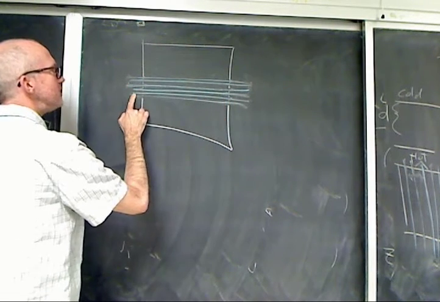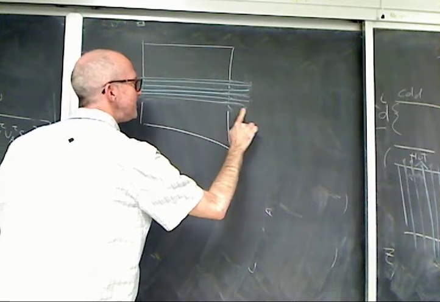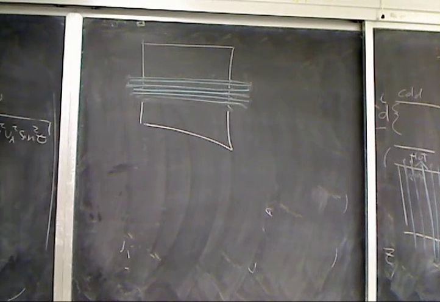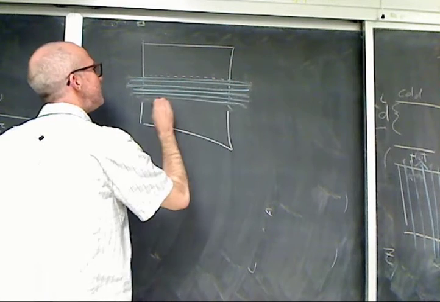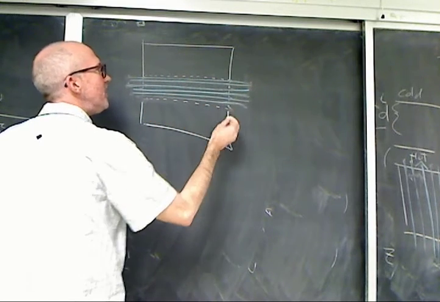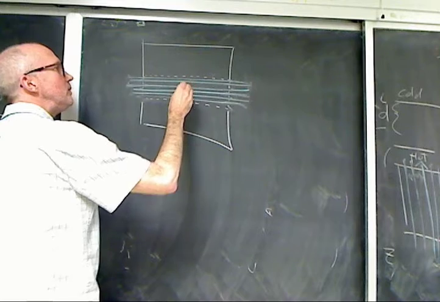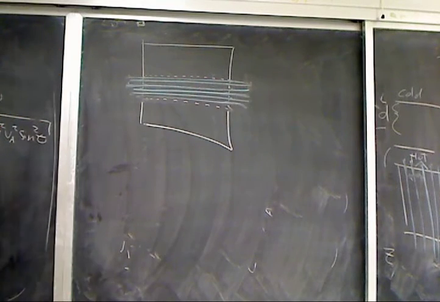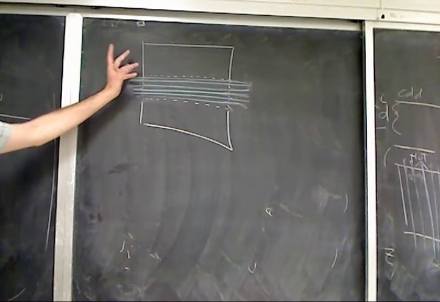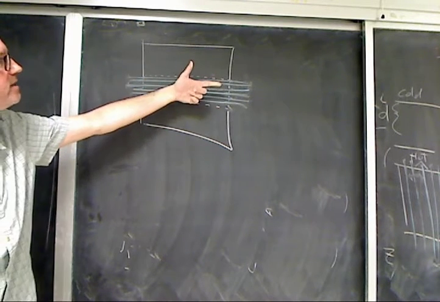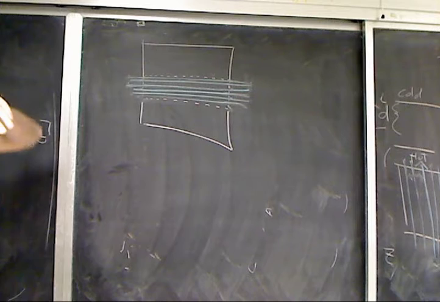I'm just going to do this until the chalk is gone. All right, so now I have a tube with a magnetic field in it. But not here and here. Now the magnetic field is sideways. That doesn't really make a huge difference, but that's how I drew it.